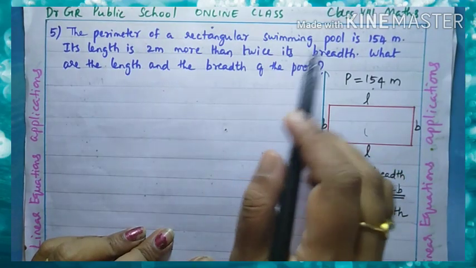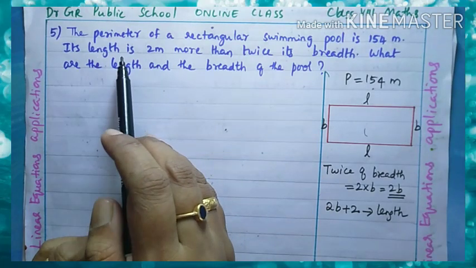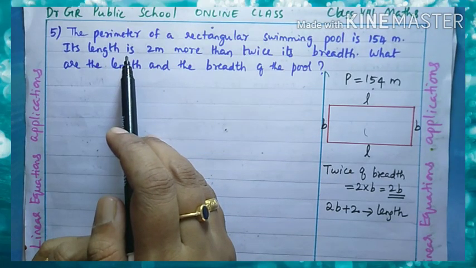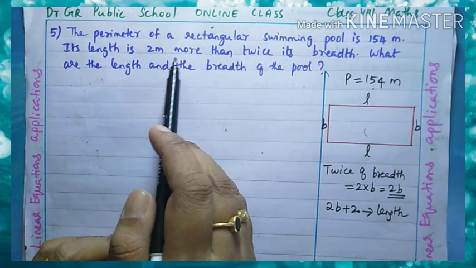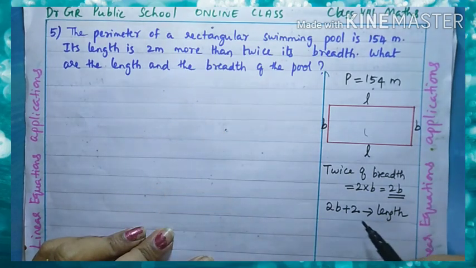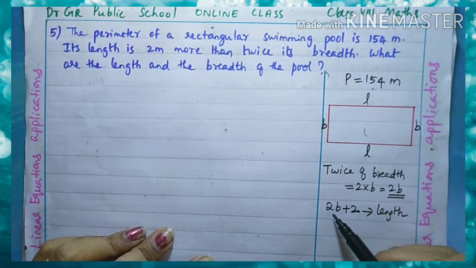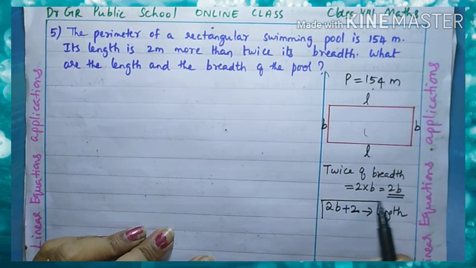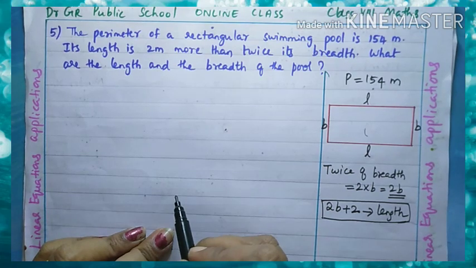That is the meaning of the second sentence. The length is equal to 2 meters more than twice the breadth. So this is the relation between length and breadth of the rectangle in this problem.